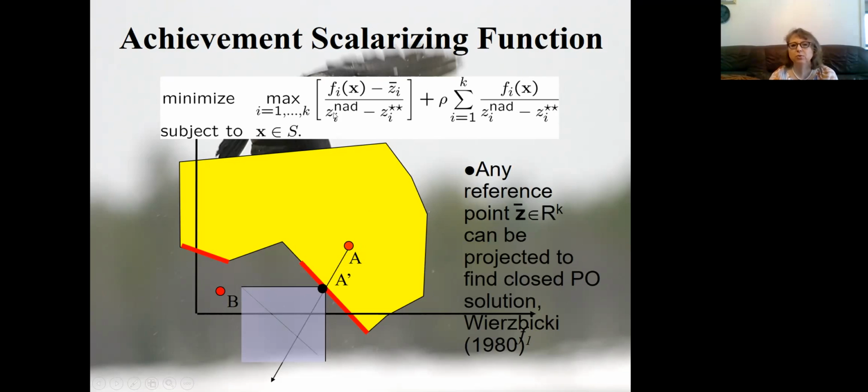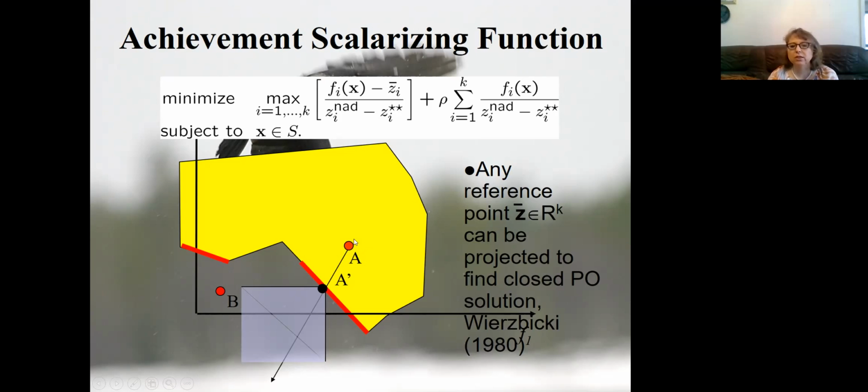In this case, this is very widely used. We use the difference of the nadir and ideal objective function values as a weighting coefficient, so that this also takes care of the scaling. If different functions have very different magnitudes, this kind of coefficient improves the functioning of this scalarizing function.